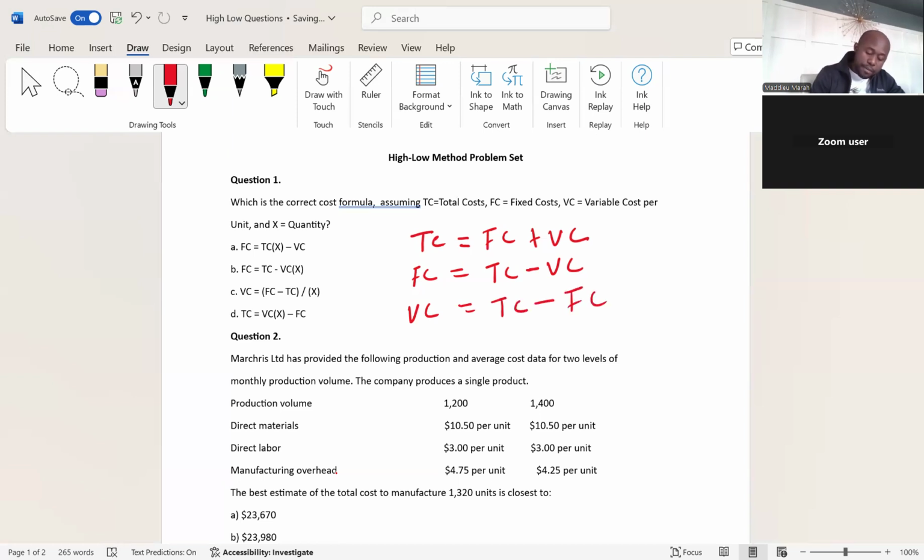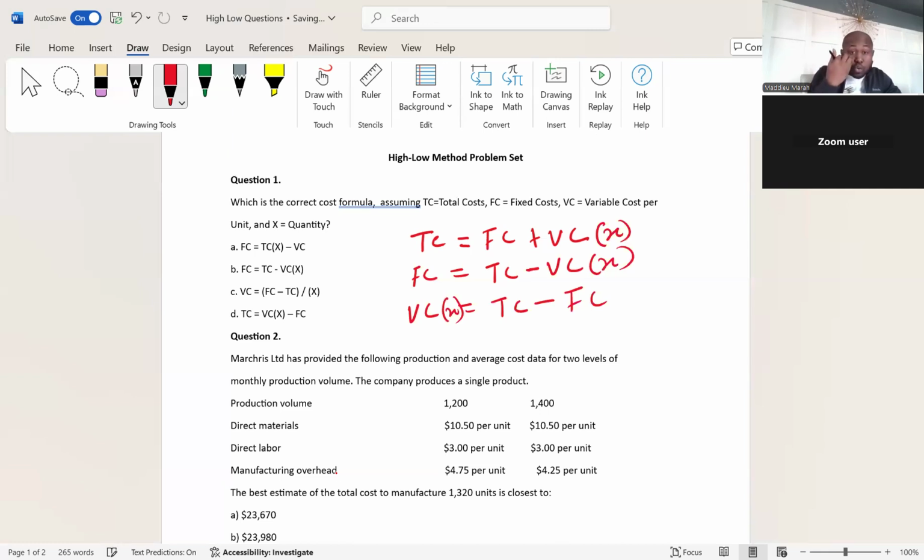So among these three formulas, which one can we see in the multiple choice question? But remember, this is the variable cost in total. So if we want the total variable cost, the total cost is equal to fixed cost plus variable cost multiplied by x.